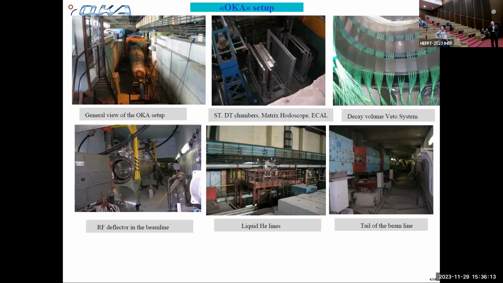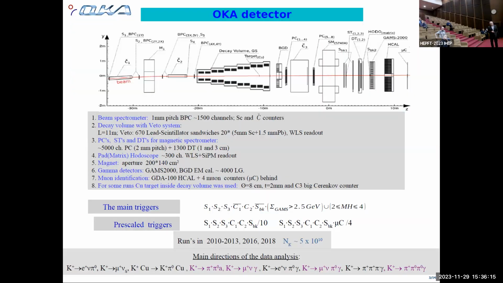So we have a rather long history of beam taking. We had runs starting from 2010, and the last one was in 2018. And still we hope for some more runs. The number of kaons which passed through the setup is 5 times 10 to the 10.